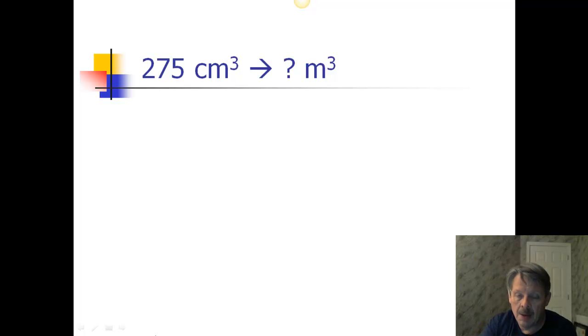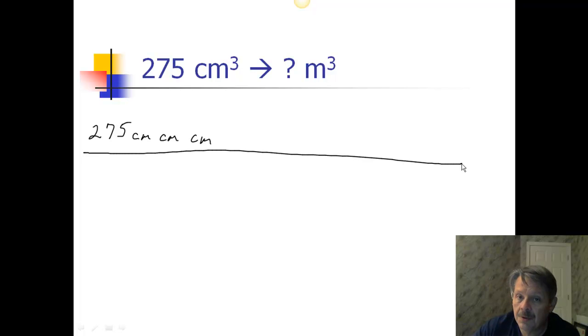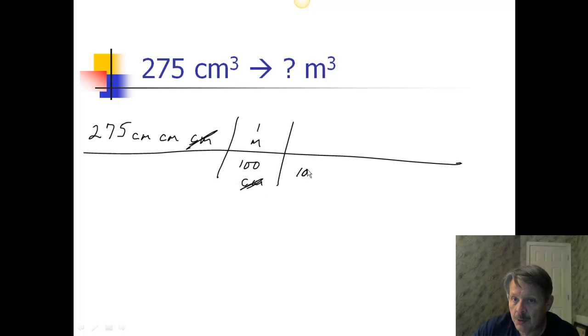All right, what happens if I have something that's cubed? Centimeters cubed, you know what that means. Go ahead and pause the video and work this one out for yourself. All right, we have 275 cubic centimeters. Now I can convert centimeters to meters. There are 100 centimeters in 1 meter. That crosses out one of the centimeters, but I still have two more.